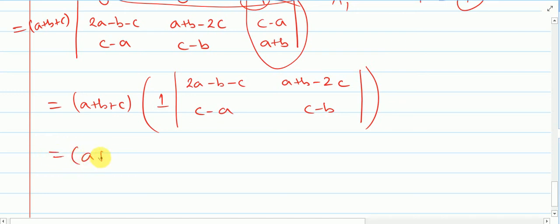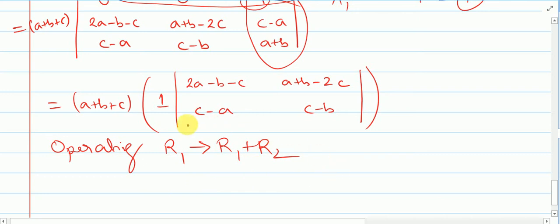now what we can do is, okay, let me write over here, operating on this determinant I'm going to operate this R1 tends to R1 plus R2.